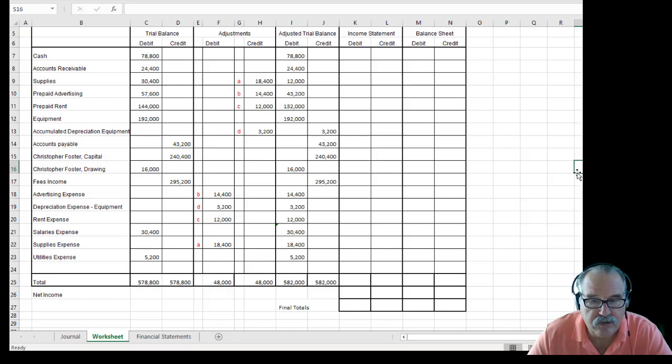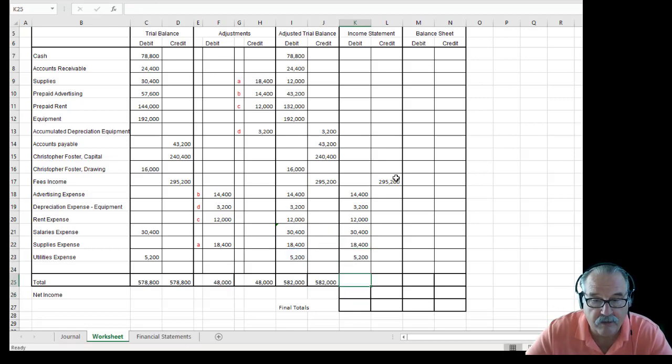And then we need to put the items on the income statement, which is the fees income, and all of the expenses are going to come over. So our income statement is revenue, fees income, minus the expenses.